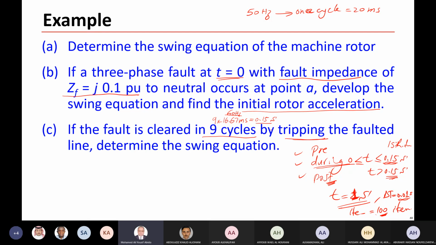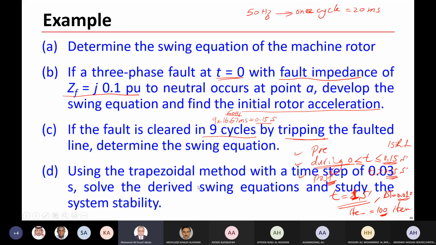Then we may trip the line, and then the fault clears, and maybe after 9 more cycles the circuit breaker closes, the fault is still there, and then we go from post-fault again to during-fault, and the circuit breaker opens the line, then we go here. You need to solve the swing equation according to the switching scenario.